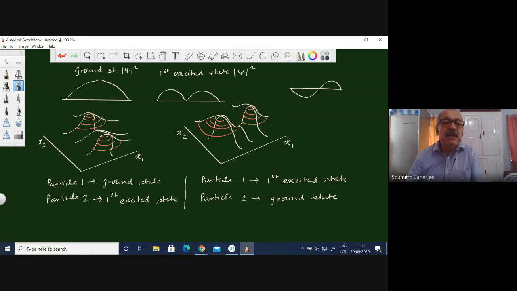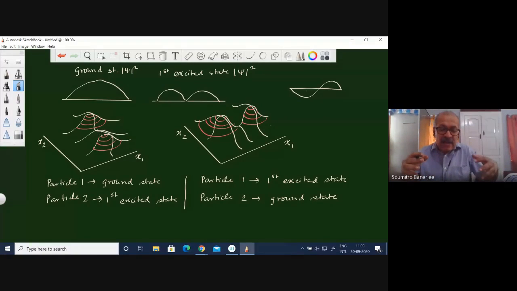Okay, because x1 has a central value here, which is large. So x1 has the highest probability of being found here. X2 has the highest probability of being found at two different places. So these are the two points that have the highest probability.